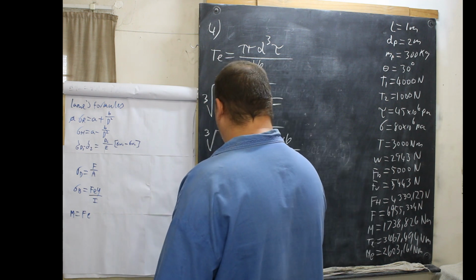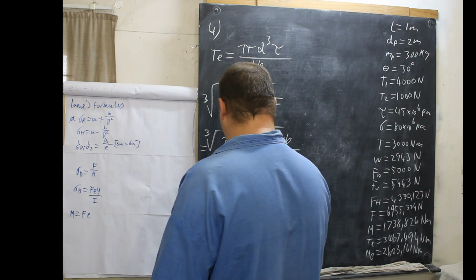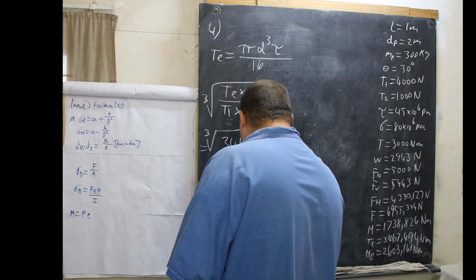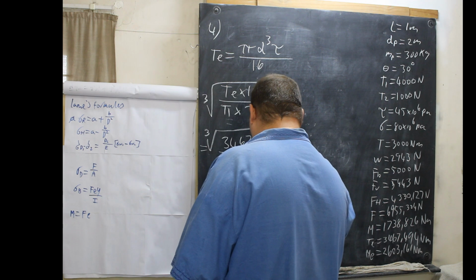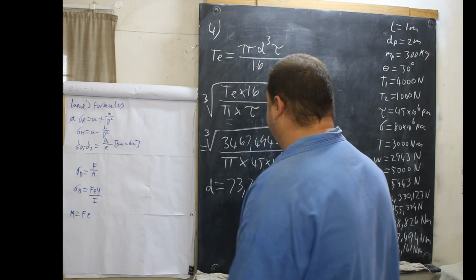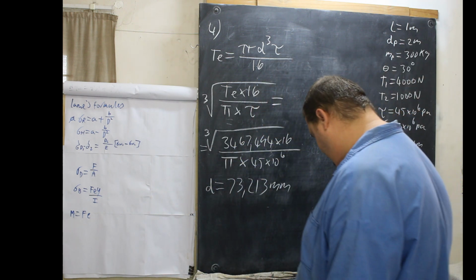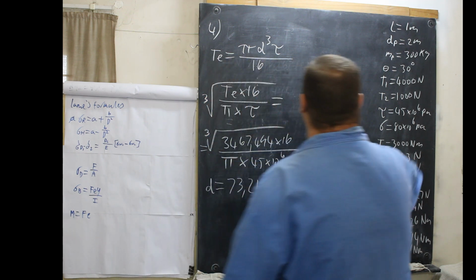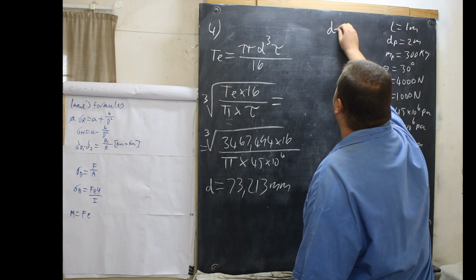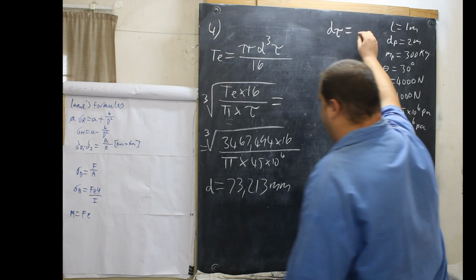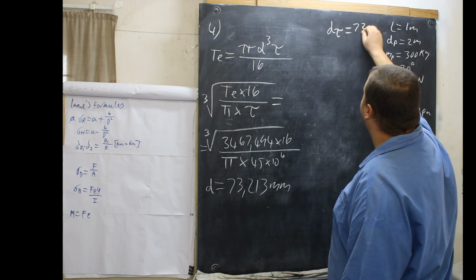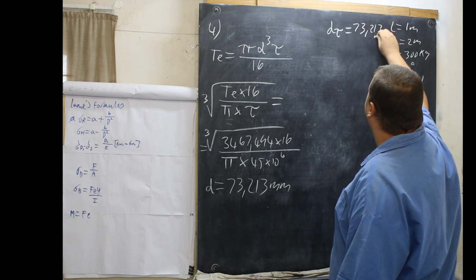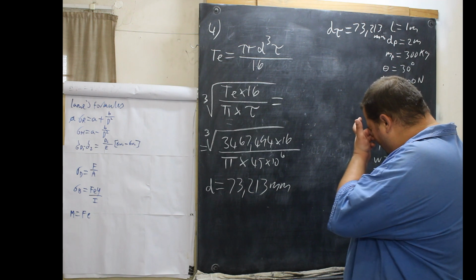And D equals 73,213 millimeters. So D for that is 73,213 millimeters.